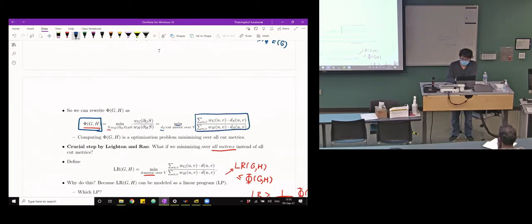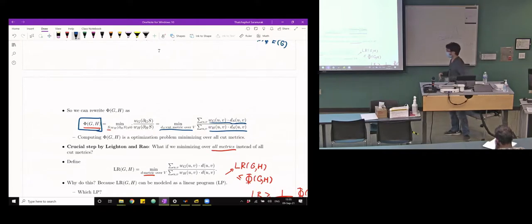What we want to minimize is the ratio of the cut size in G and the cut size in H. It is not clear how to optimize this problem.